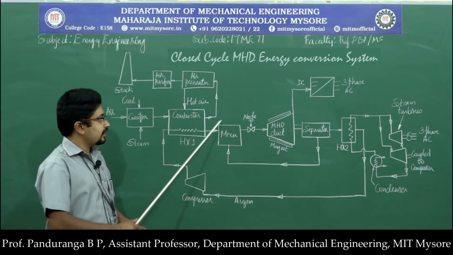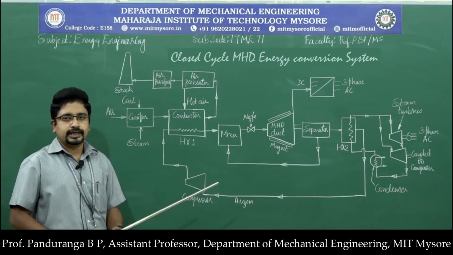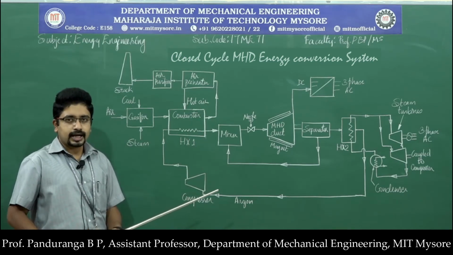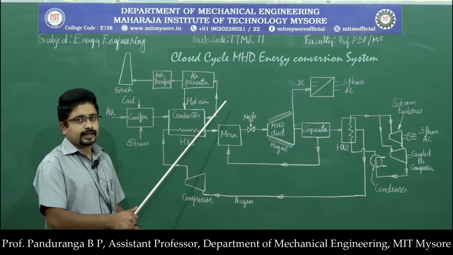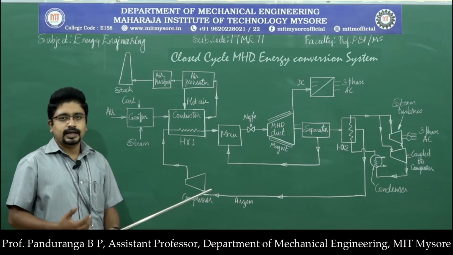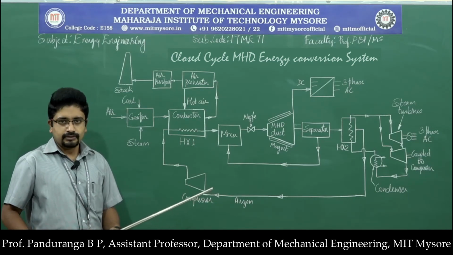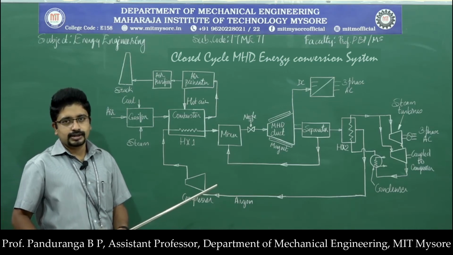The gases moving out of heat exchanger 1 will have a sufficient amount of heat energy and that can be utilized in the air preheater. So if we directly leave that to the atmosphere, then we are losing a large amount of heat energy which reduces the efficiency of the overall cycle.